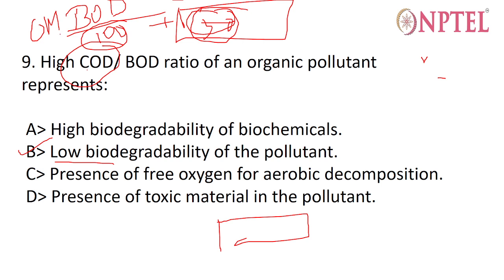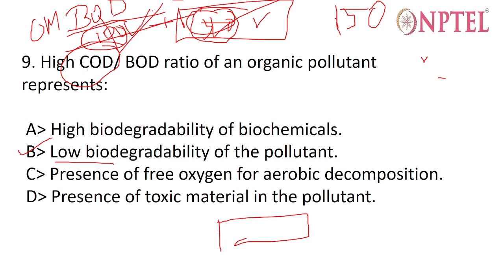And this potassium permanganate will oxidize this 100, and it will also oxidize this 50. So totally, it will oxidize 150, right? So this chemical, whatever I am using for COD measurement, will not only oxidize this 50, it will also oxidize this 100.